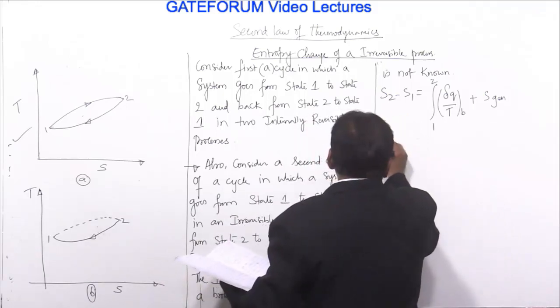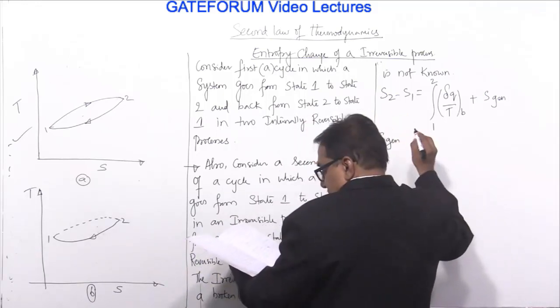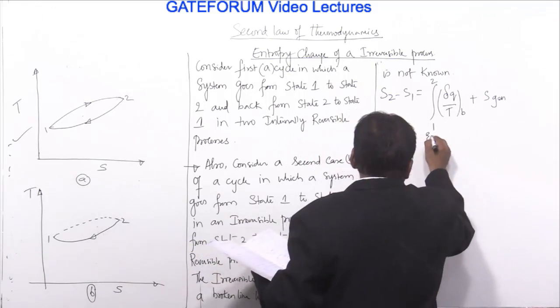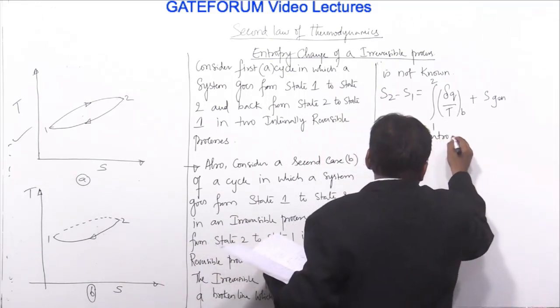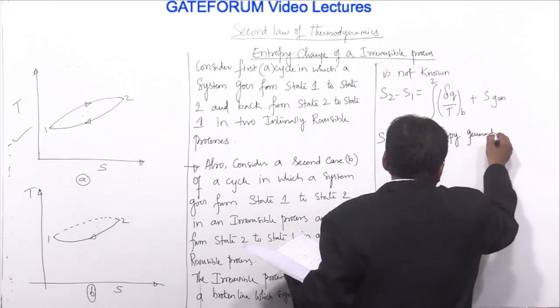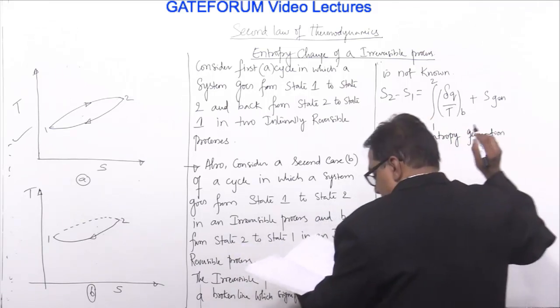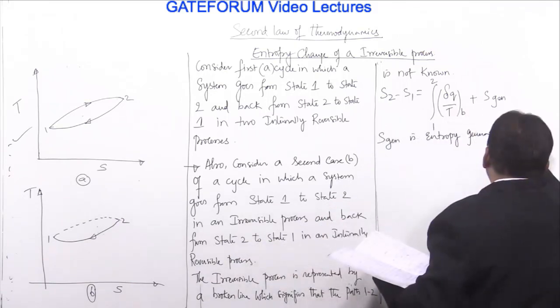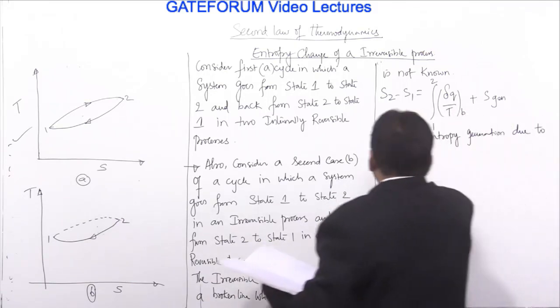S gen is called entropy generation due to irreversibilities.